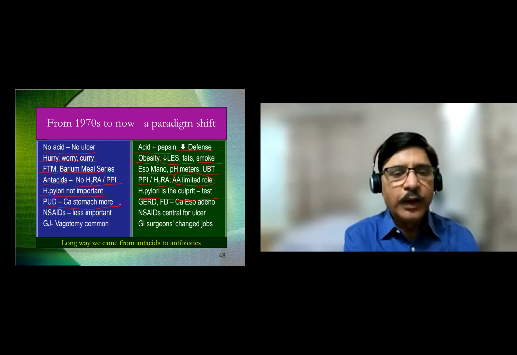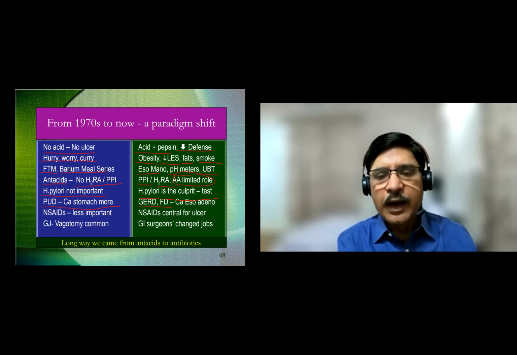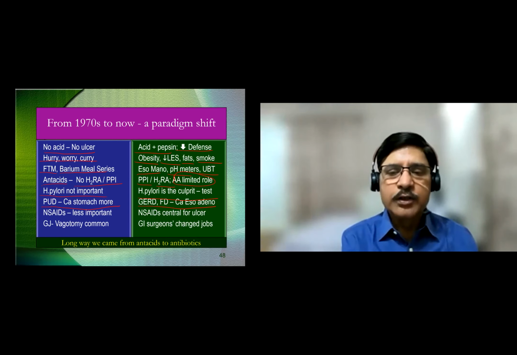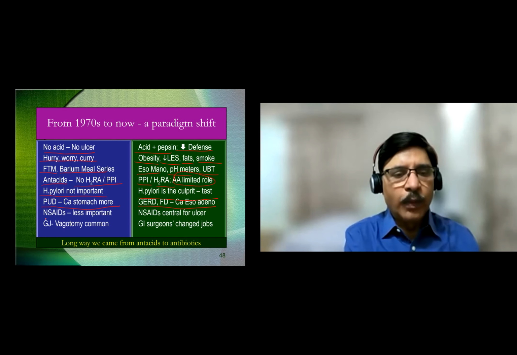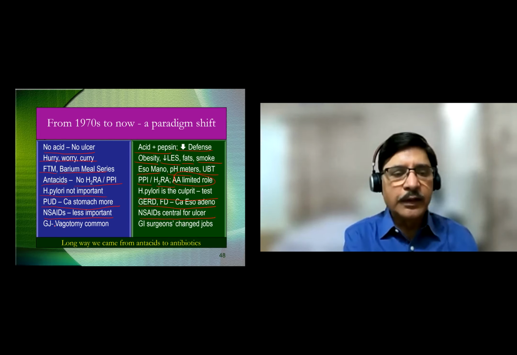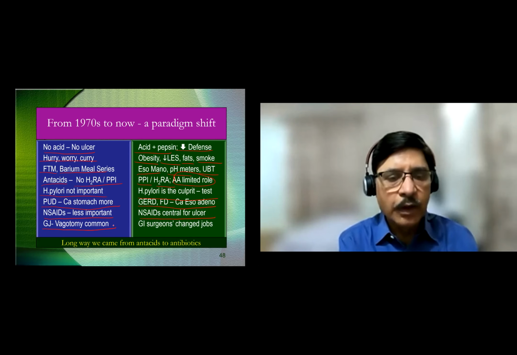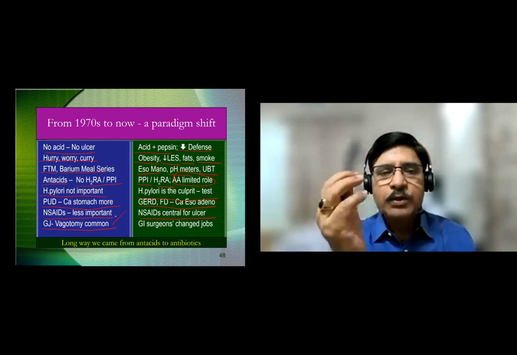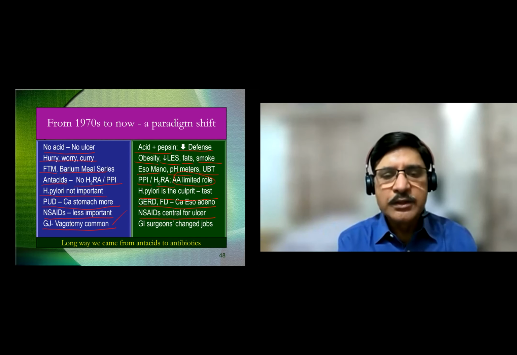PUD and carcinoma stomach are more. GERD, functional dyspepsia, adenocarcinoma of the lower esophagus are more. NSAIDs were not considered; now NSAIDs are central for the ulcer. GJ and vagotomy was the common operation. Now, no surgical treatment for today's dyspepsia, except for hiatus hernia.